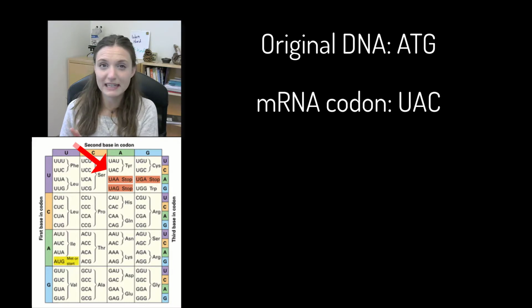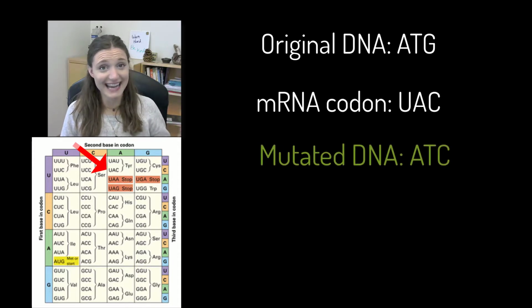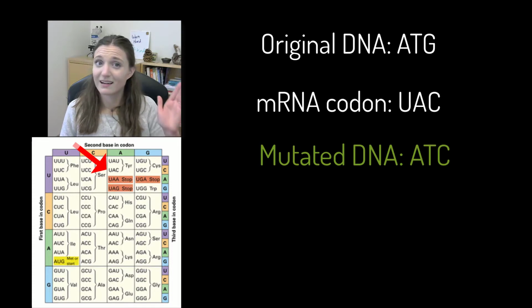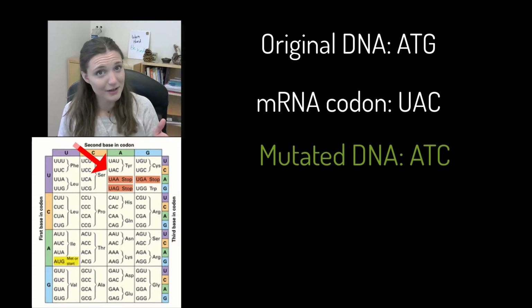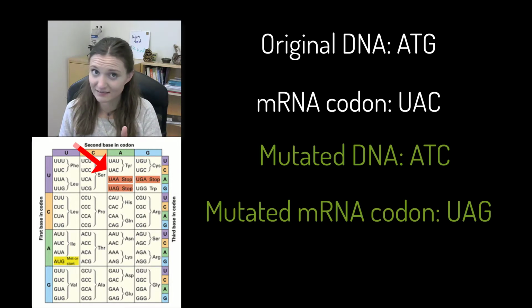But now let's say we switched that last letter of DNA. Instead of ATG, we have ATC. The mRNA codon of that would be UAG, which would result, instead of a tyrosine there, in a stop codon.